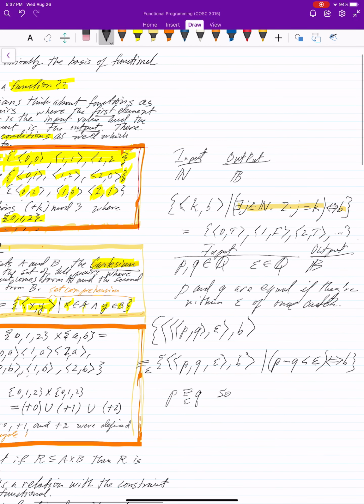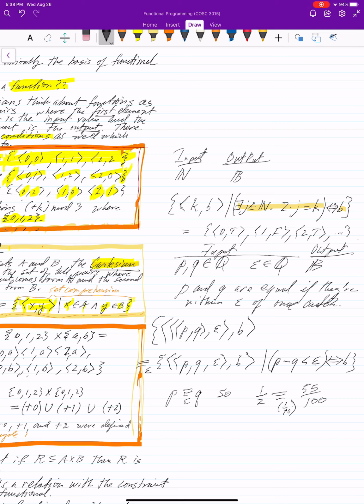So, for example, 1/2 is equal to, mod 1/10, 55/100.